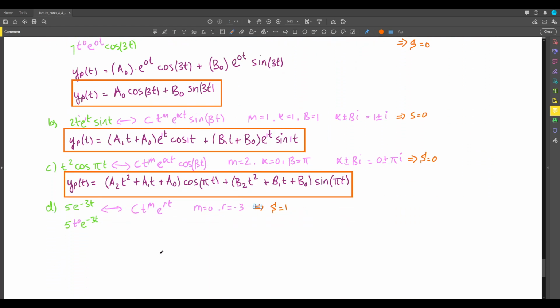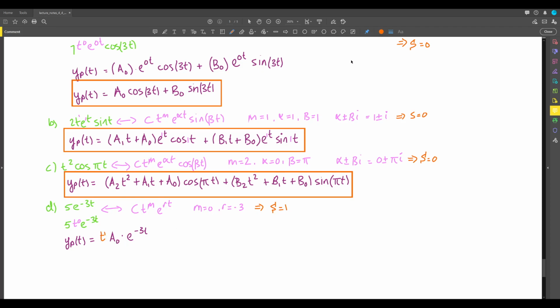Okay, so our general solution then looks as follows. So we have yp of t equals a general polynomial of degree 0, which is just a constant, a naught, and then times e to the power negative 3t. But now because we have that root, we then have to multiply this by t to the power 1.